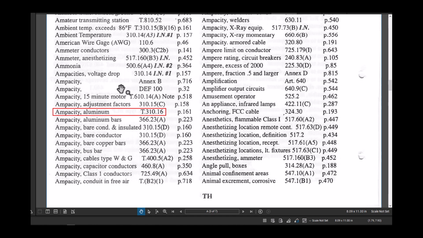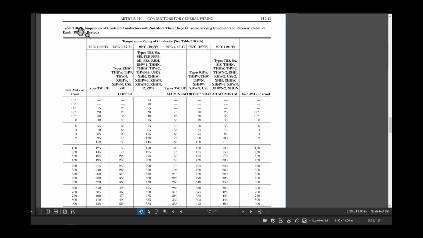But for this question, when we go to table 310.16, we should find the gauge of the wire, we should find the type of the wire, and based on what we see for ampacity, then we should have an adjustment.